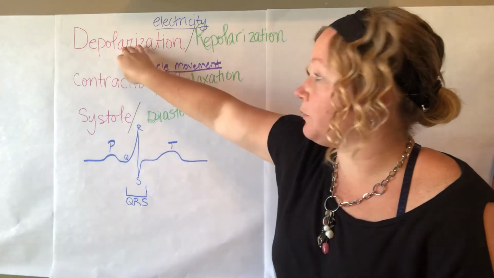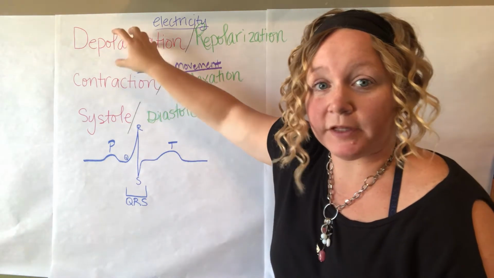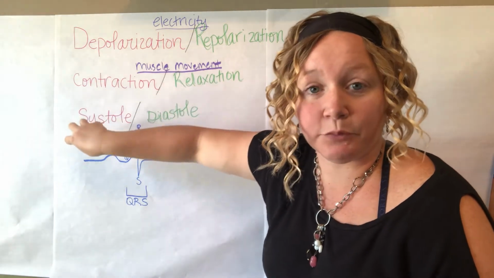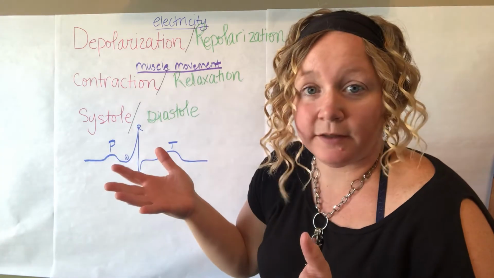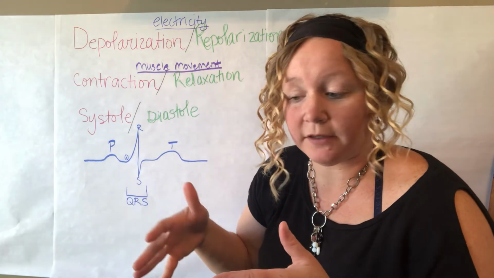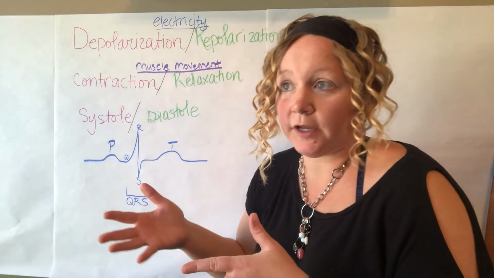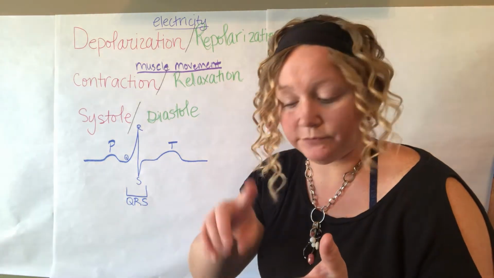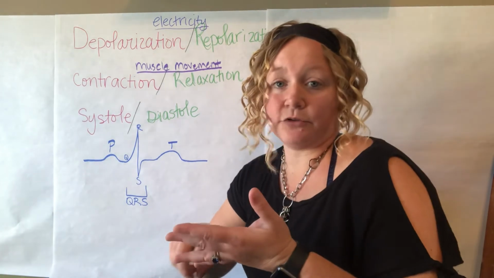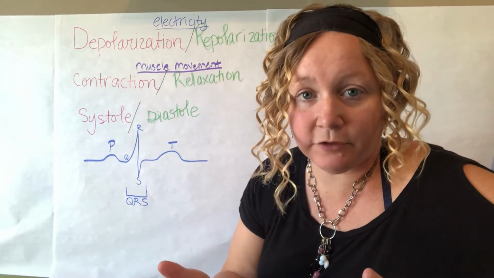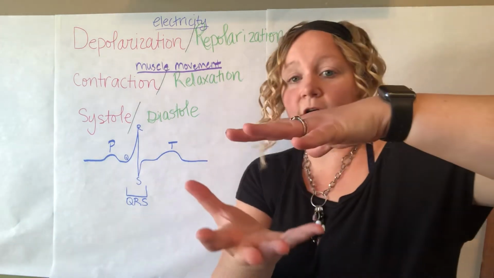So depolarization is the electrical term, the electricity that allows the heart to contract. When the heart contracts, the pressure goes up. That's why they use those terms interchangeably. I could say during the P wave, what occurs, I could say atrial depolarization. I could say atrial contraction or atrial systole. It's all happening during the P wave because the heart beats like this.